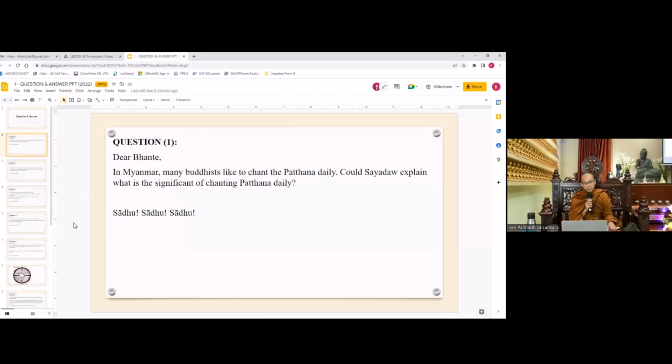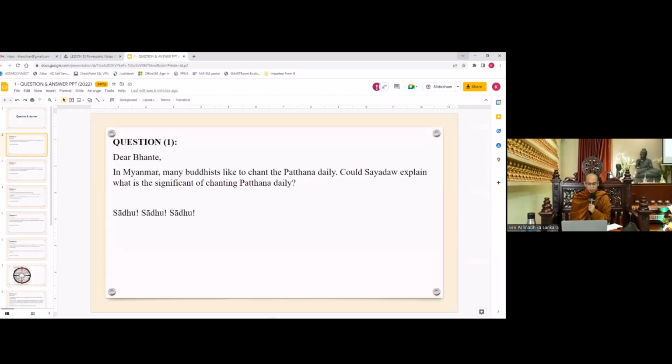Yeah, as I understand, the concept comes from the explanation of how the Buddha Sasana disappears. When the Buddha Sasana disappears, it is said the Abhidhamma Pitaka will disappear first.